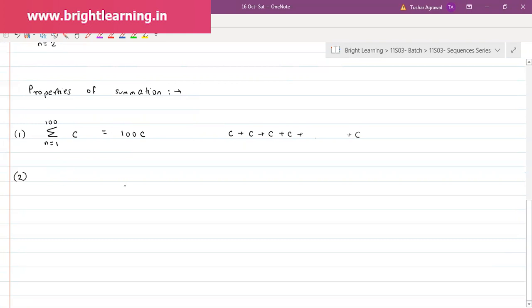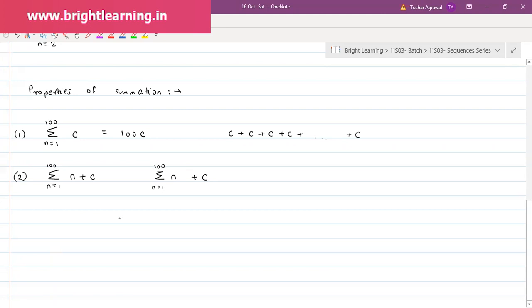Now the second property is the summation of, let's say, n plus c, where n varies from 1 to 100, for example. The summation of n plus c and the summation of n with a separate addition of c are two actually different terms.